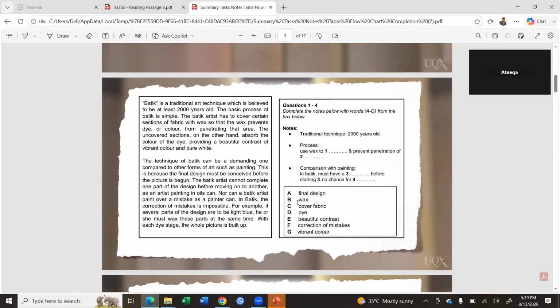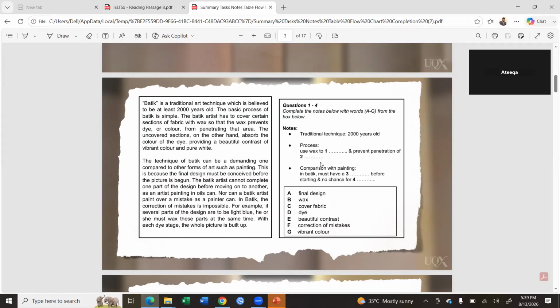So we need to answer all these, take options from here, from the box below. And the notes is traditional technique, 2000 years old. Then we are talking about the process. So use wax to one dash, right? Wax to what? And prevent penetration of dash, right? So we need to find the answer of these two.